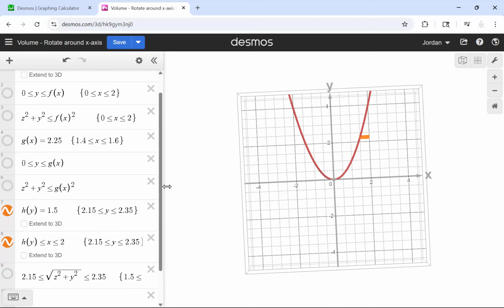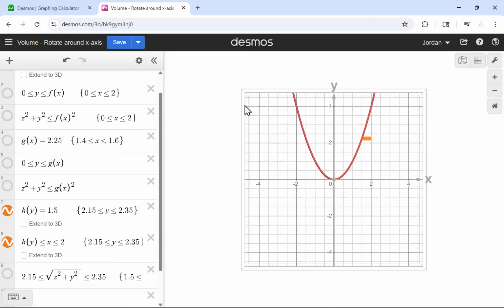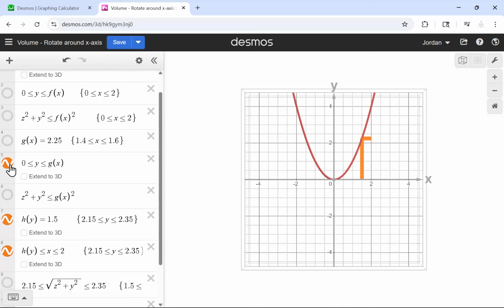By the way, that is going to force the integration to be done with respect to y in this case, whereas with the disk method, our rectangles were the other way, and so the integration was with respect to x.